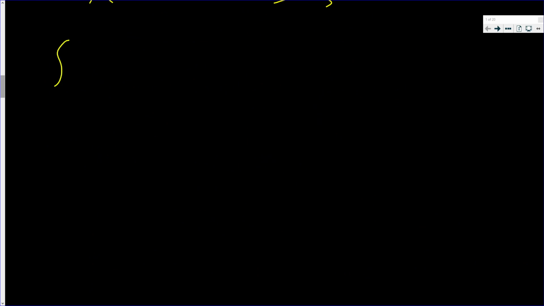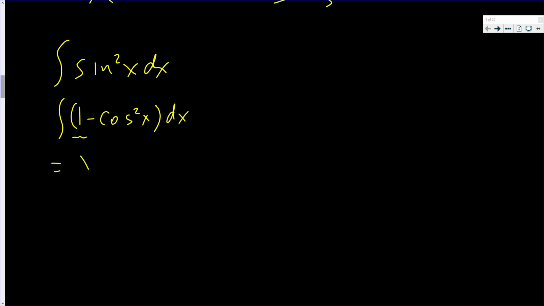If you were asked to compute the integral of sine squared x, you can always say sine squared x is 1 minus cosine squared x, which is not wrong. And I can integrate 1, but what's this integral? This integral is no better than that integral.